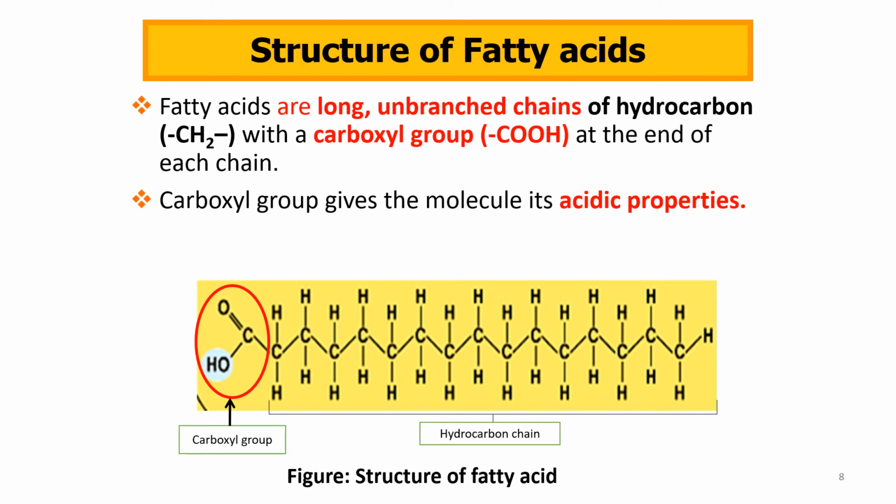So the fatty acids are long and unbranched chains of hydrocarbon which consist of many CH bonds and are linked to a carboxyl group at the end of each chain. The carboxyl group, also known as the carboxylic acid group, gives the acidic property to the fatty acids.